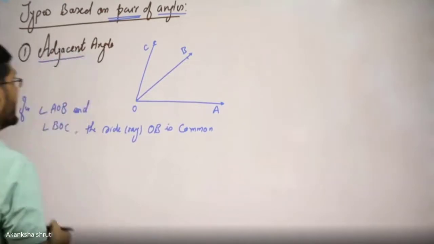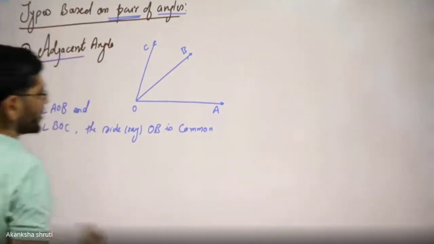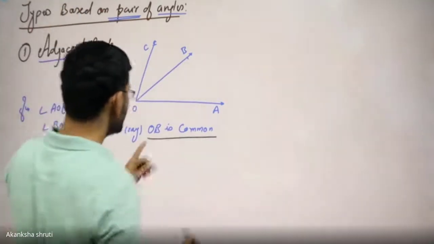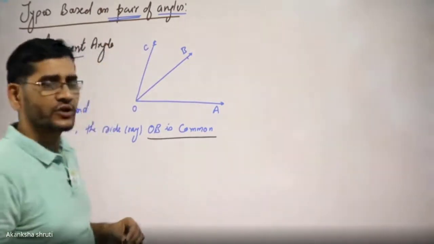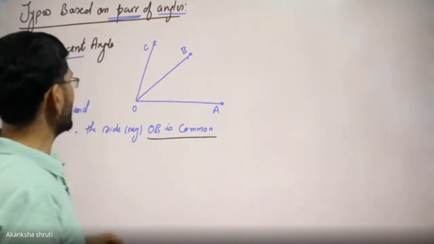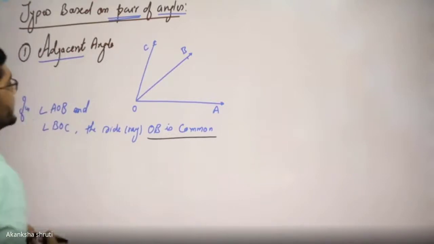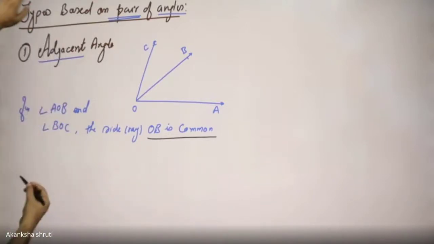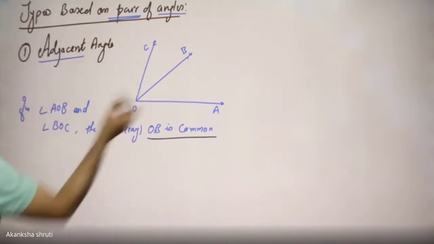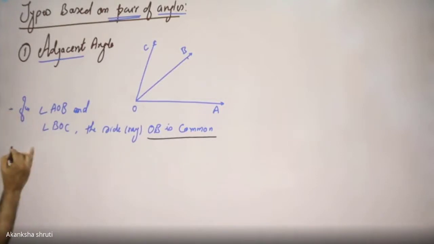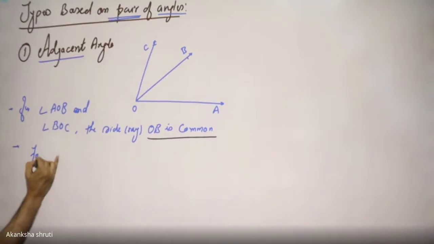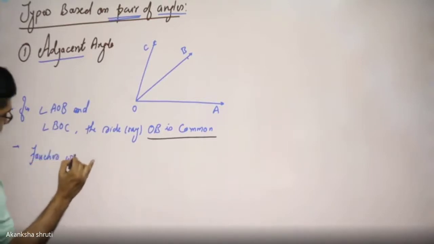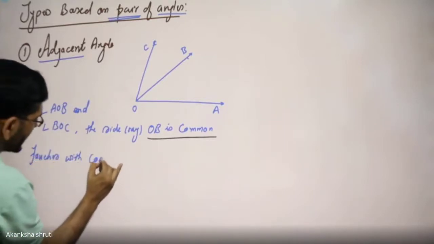So students, such a pair of angles which have at least one side common is called adjacent angles. It means they are touching each other with a common side.